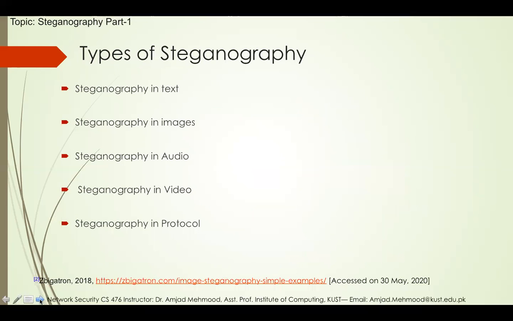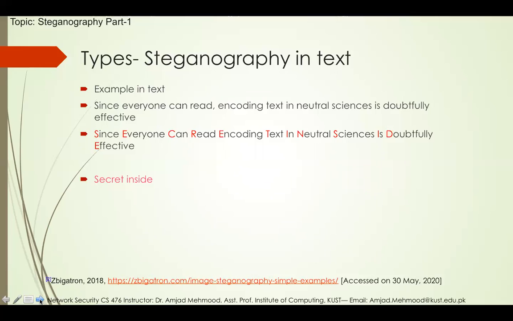Now, types of steganography. Steganography can be applied to text, images, audios, videos, and protocols. If you remember, I gave you an example in text. For example, if a sender wants to send this text to the receiver, the sender takes the first letter of each word. You can see here I have highlighted them in red.